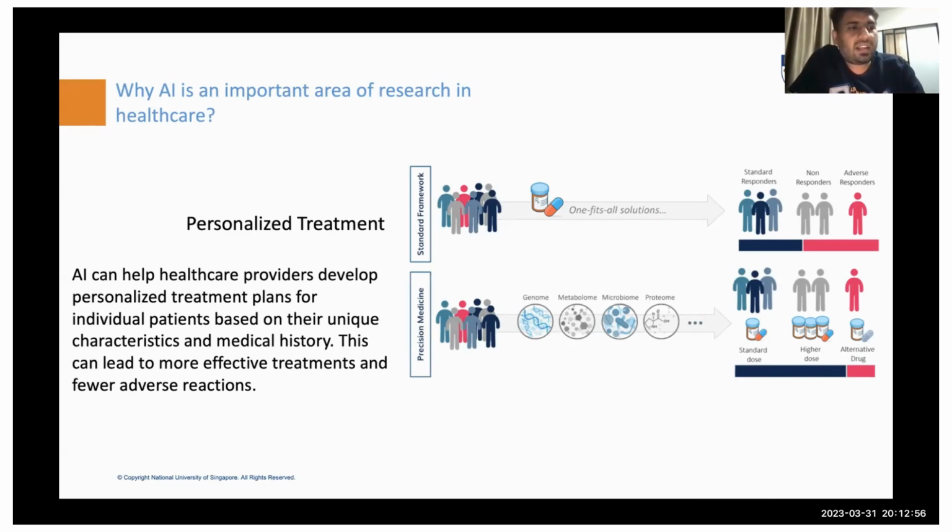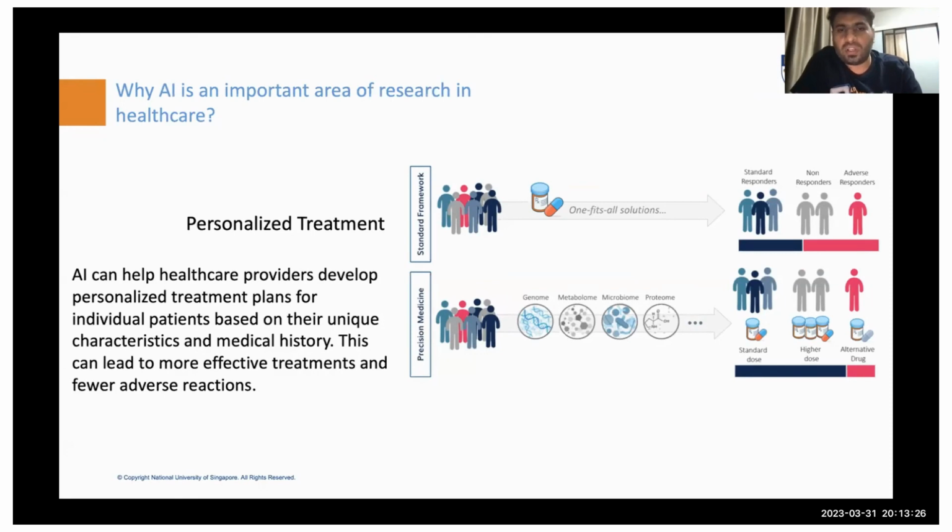So can AI contribute? Can AI help us understand the genome process or metabolism of the patient, or the DNA process of the patient, and help us give a proper drug, whether it is standard, a high dosage, or an alternative drug, patient-wise, an individual patient's unique drug dosage, right?